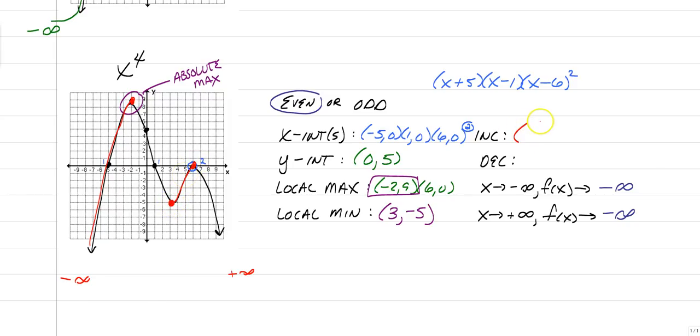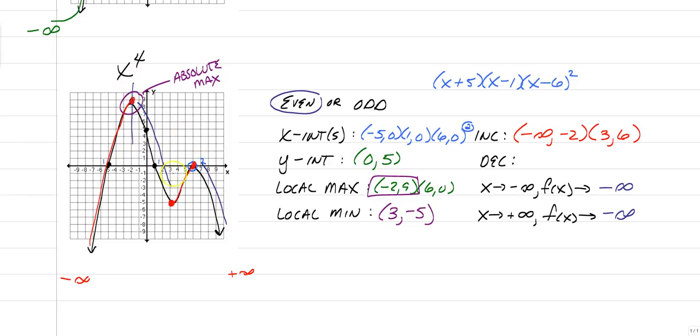So your increasing intervals are from -infinity to -2, and then it increases again from 3 until it gets to 6. And your decreasing intervals are in this zone and that zone.